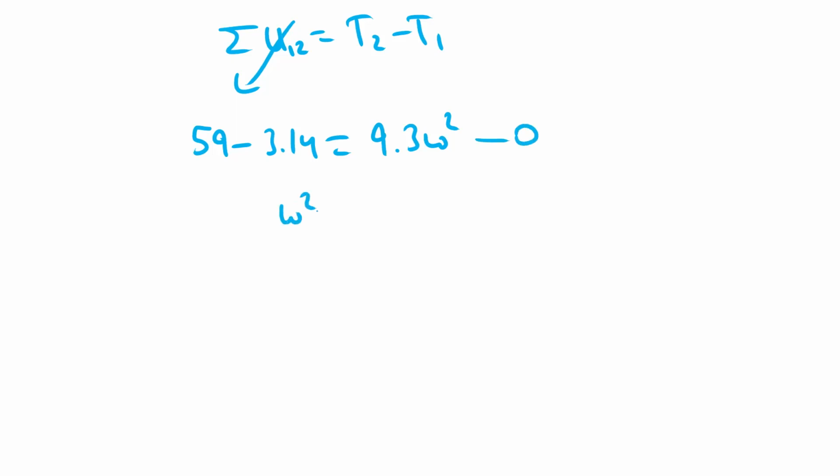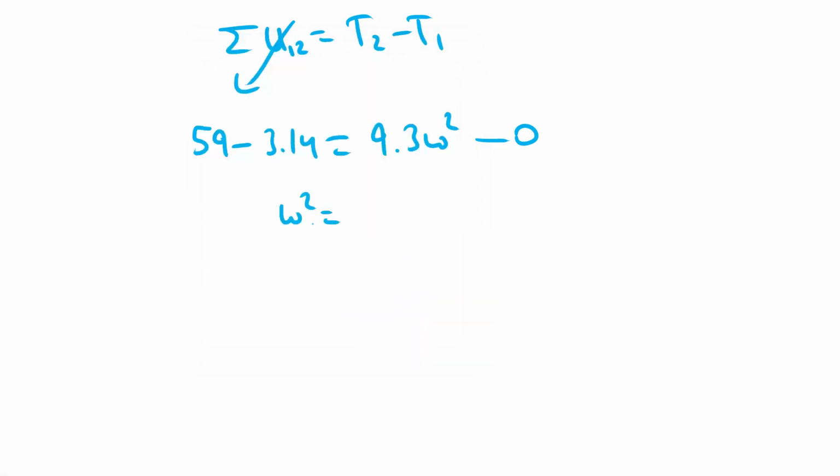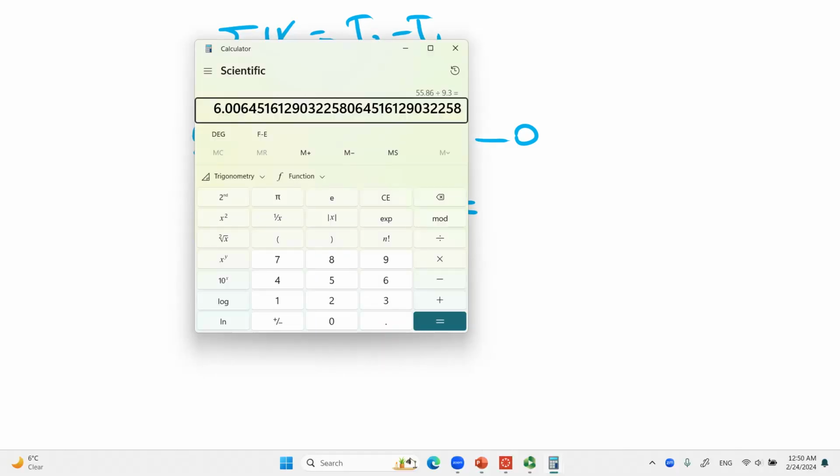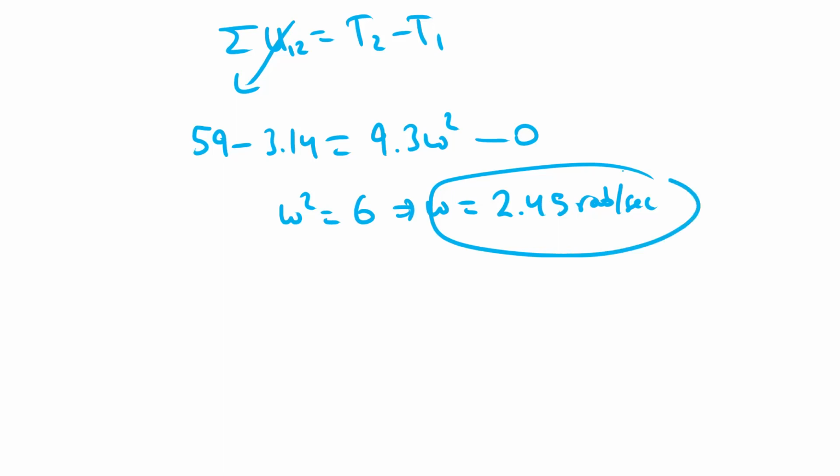And then from here, omega squared will be 159.3.14 by 9.3, 6. And then omega will be the square root of that, which is 2.45 radians per second. That's what we did for this problem.